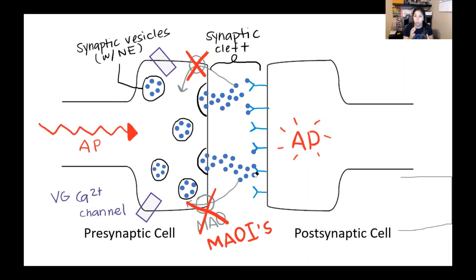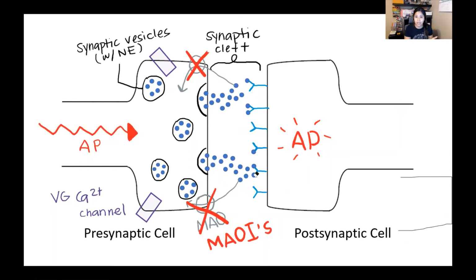Okay, so again, one of the ways that we take away neurotransmitters from the synaptic cleft is through reuptake. The protein responsible for norepinephrine reuptake is monoamine oxidase, which is these MAOs. Those MAOs are taking this neurotransmitter away from the synaptic cleft.